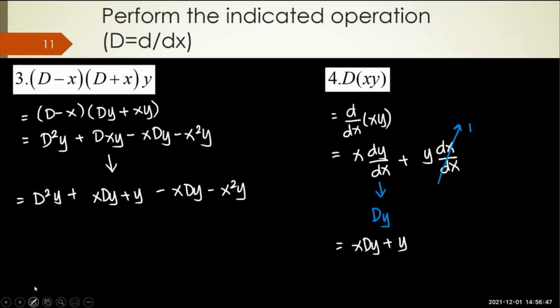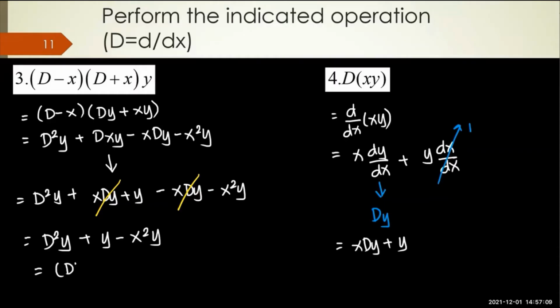So here, you'll see that you'd be able to cancel out some terms, yes, but you'll be left with three terms. So this is D squared y plus y minus x squared y. So if you want to factor out y, you're left with D squared plus 1 minus x squared, times y.